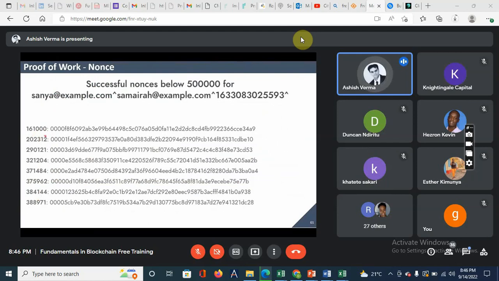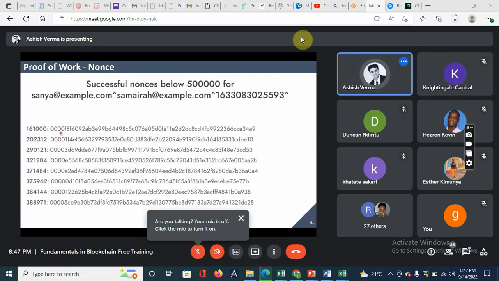Instead of going one by one to 161,000, somebody might go directly to 371484, and will be able to find the 4 zeros first. So there can be multiple nonces for which the solution is valid. You do not have to find one specific solution; the leading zeros should be 4. That is the logic given by the system.